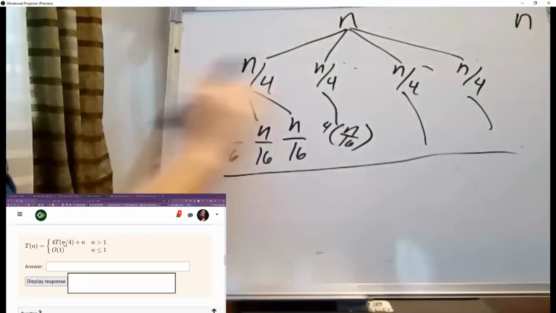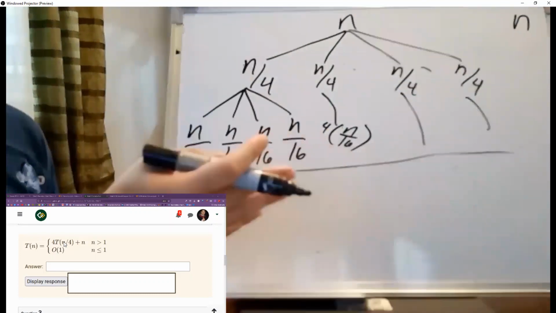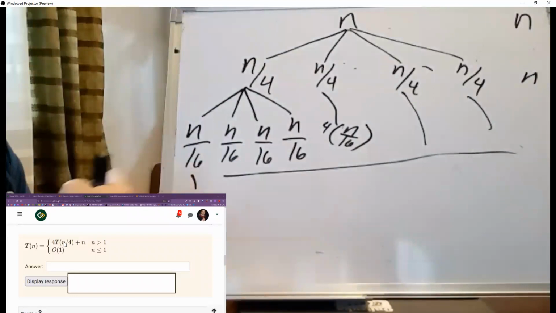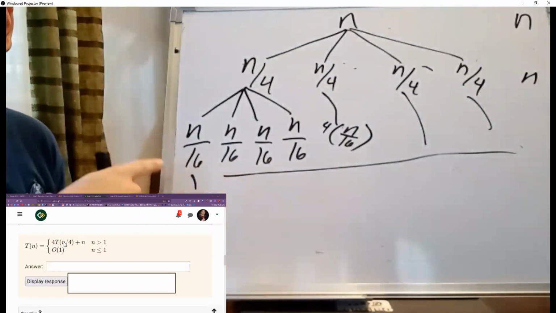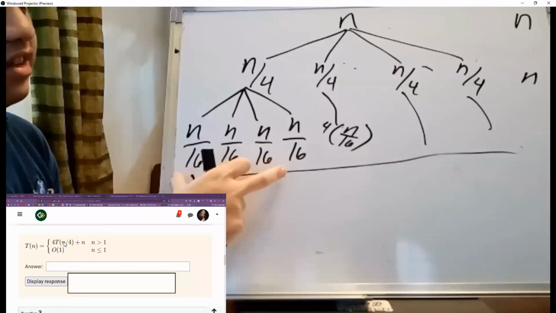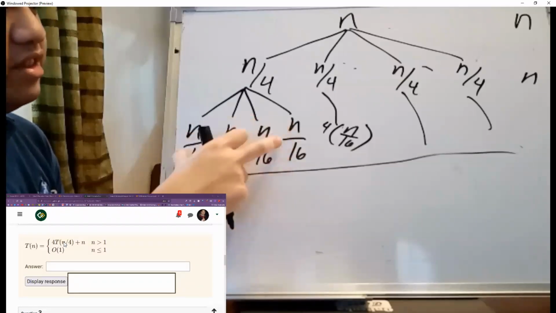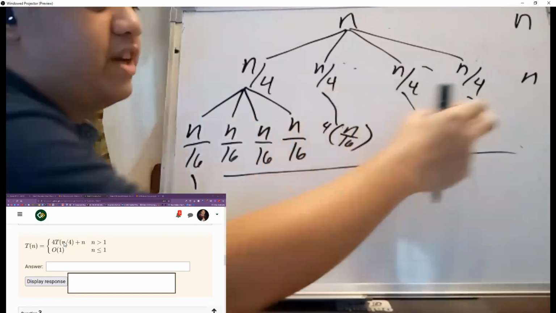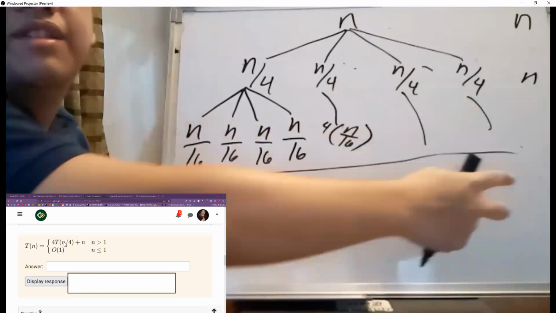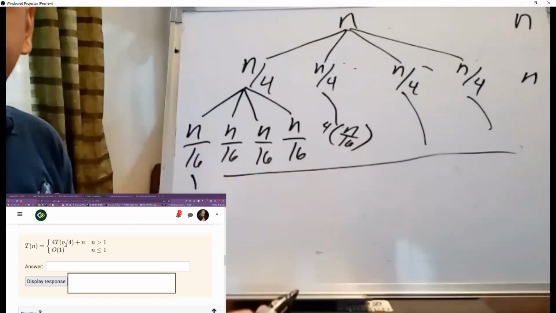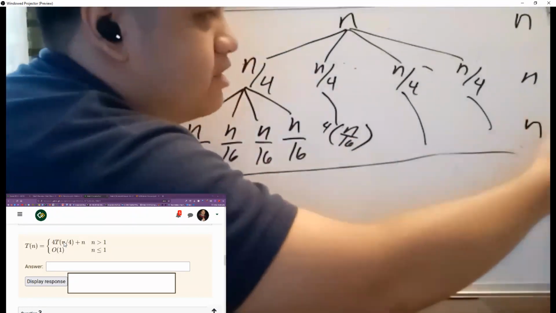Sa next level, we have 4 na n over 4. So that is also n. And then sa next level, we have n over 16. Pero ilan yung n over 16 natin? So meron tayong 4 na n over 16 dito, 4 dito, 4 dito. So 4 na 4 is 16. So this is actually n din yung total.